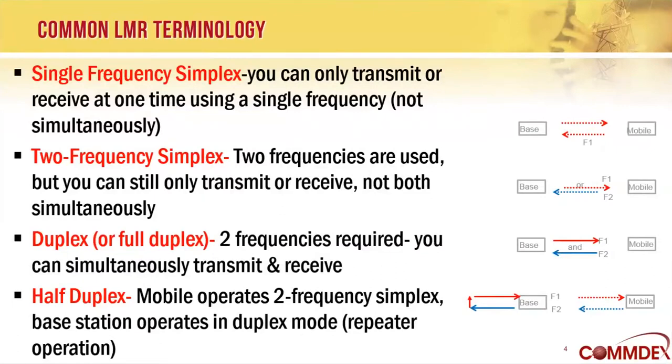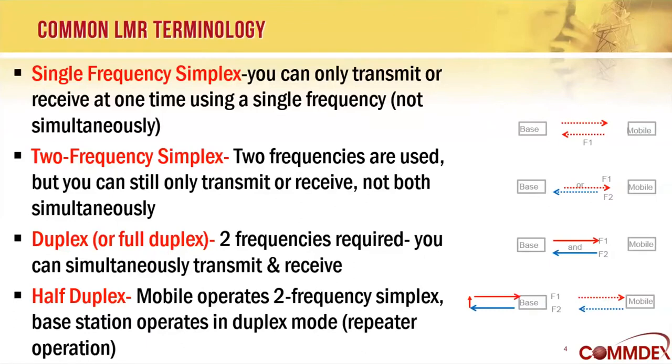Then we have a variation on that called 2 frequency simplex, where you have one frequency for one direction and a different frequency for the other direction. This is nice, but you can still only transmit or receive, but not both simultaneously. There's a couple examples we'll talk about where this is used. It's not very common.